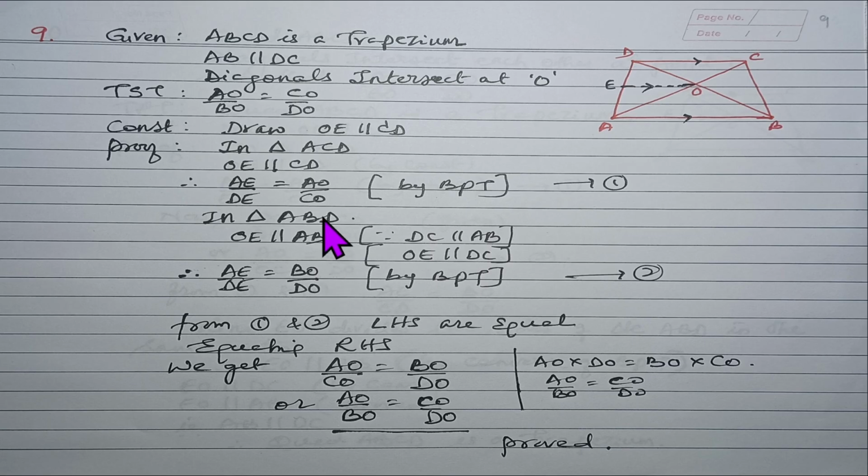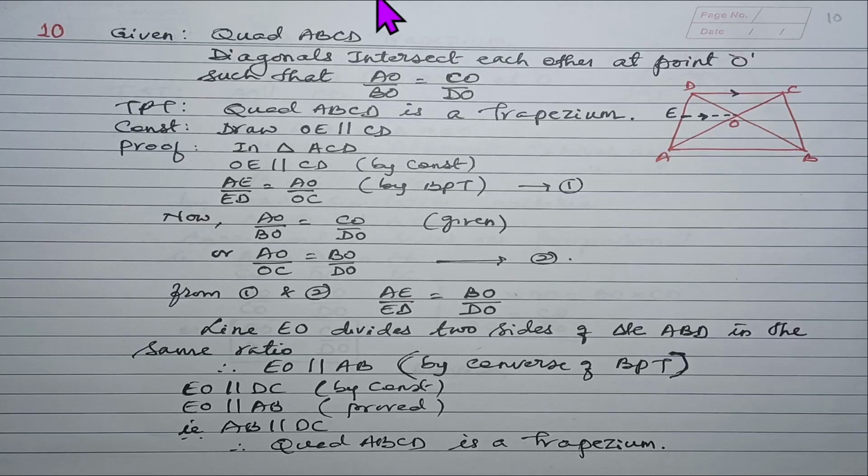So equating the RHS, we get AO upon CO is equal to BO upon DO. When I cross multiply and rearrange it, I get AO upon BO is equal to CO upon DO, and that is what is expected of us to show. A very simple method with a simple construction, we have proved it. So try to remember and learn it.